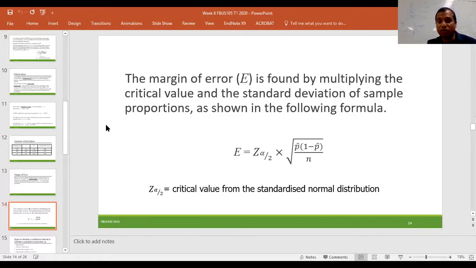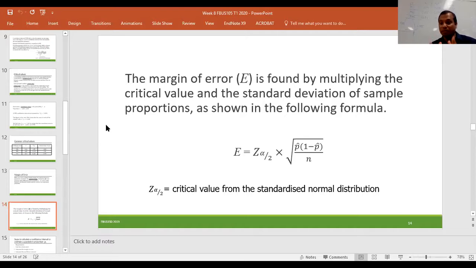And how is it calculated? The margin of error is found by multiplying two different items. The first one is the critical value Z alpha by 2. In all the confidence intervals, we are using the critical value Z alpha by 2, where alpha denotes the confidence level. So the margin of error is calculated using this formula: Z alpha by 2, that is your critical value, multiplied by the standard deviation of the sample proportion.